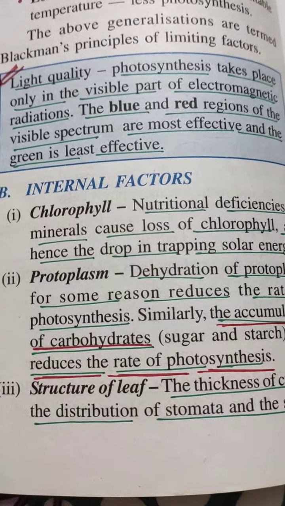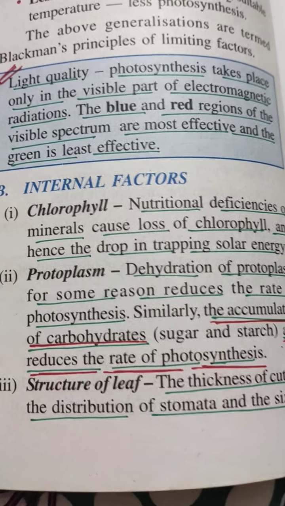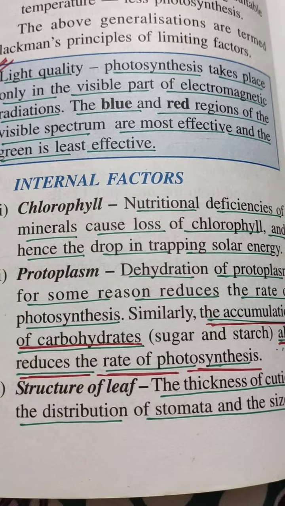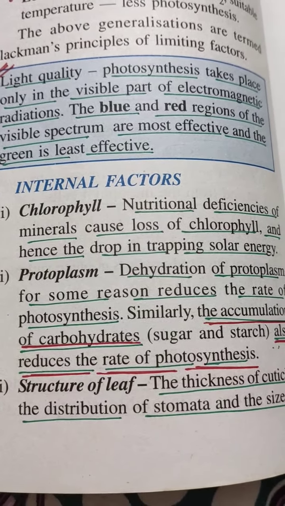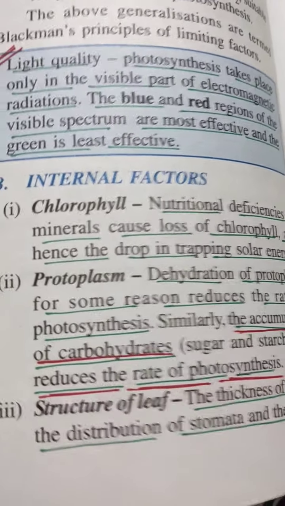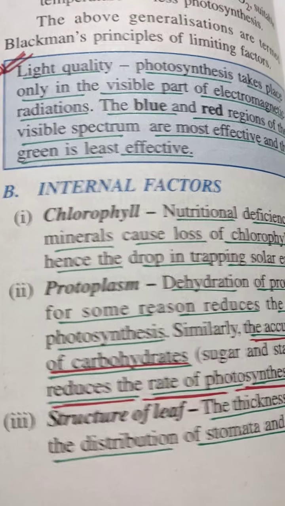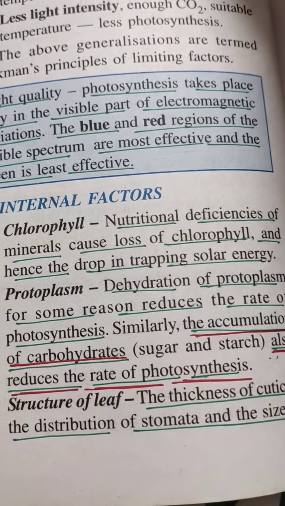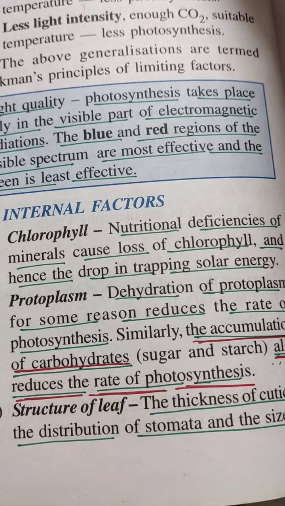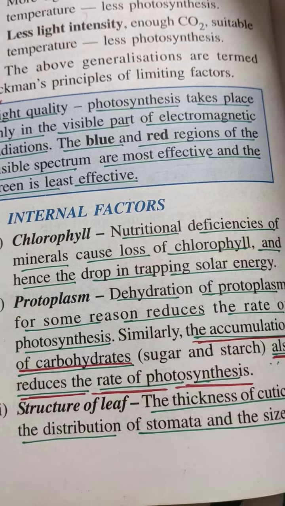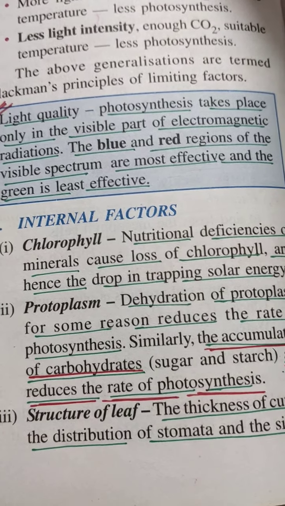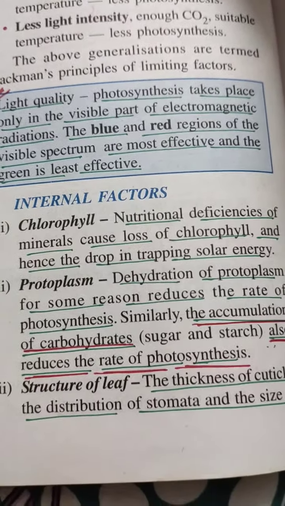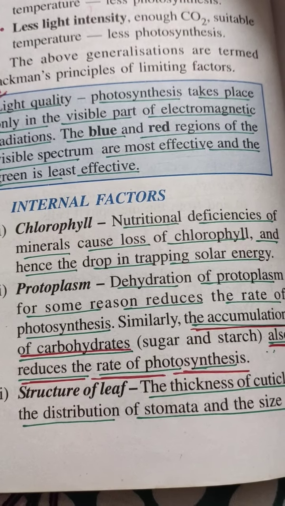Now, internal factors, one is the chlorophyll, you know that, protoplasm, and structure of leaf. So these three you must remember. Any nutritional deficiency that causes the loss of chlorophyll can drop the rate of photosynthesis. Dehydration of protoplasm can reduce the rate of photosynthesis.